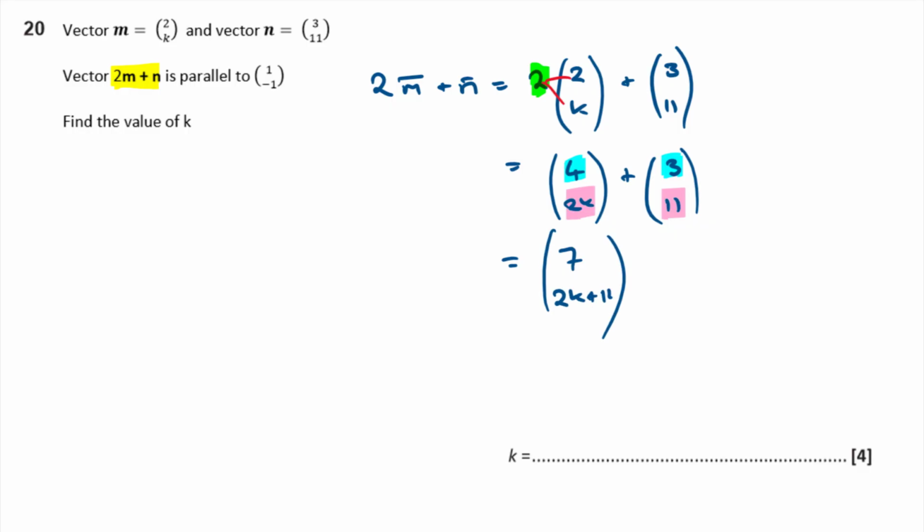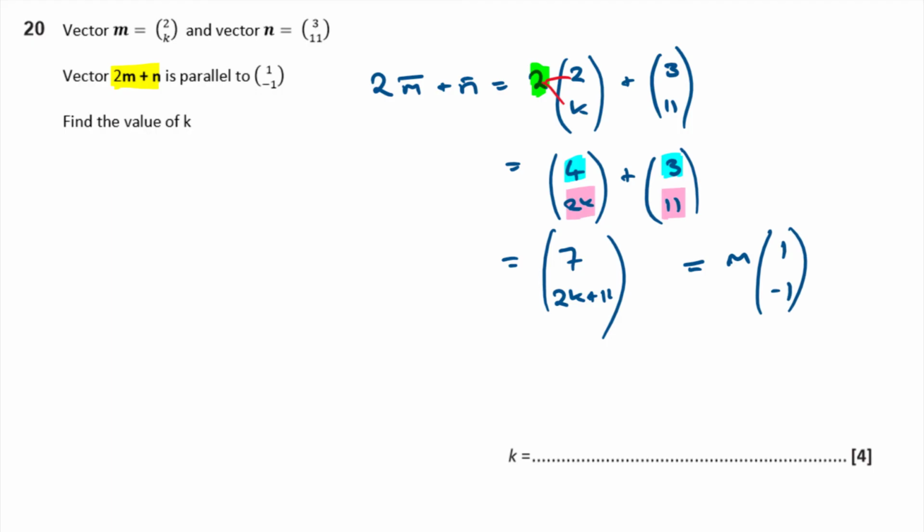Okay. Now we are told that that is parallel to (1, minus 1). Okay, so that means that if two vectors are parallel, it means that one must be a multiple of the other. So it's got to be some multiple of that vector (1, minus 1), like that.